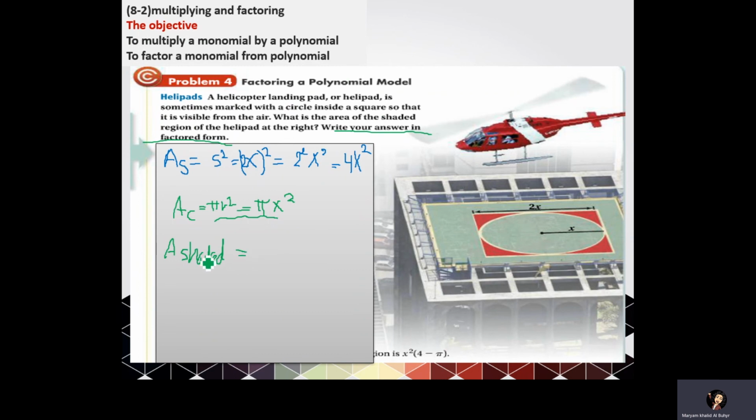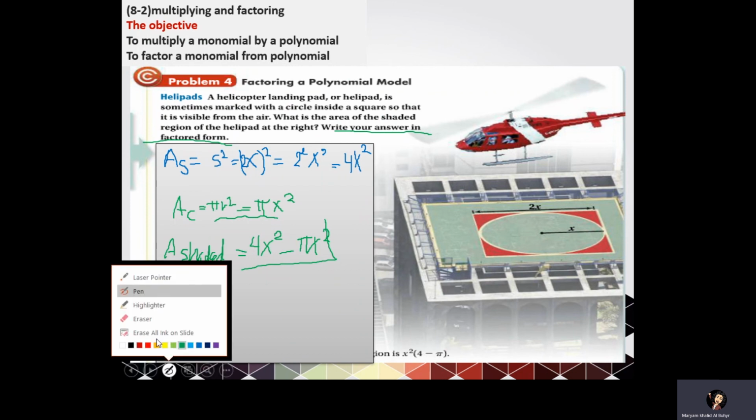It equals the big one, the square, 4x to the power 2, minus the area of the circle, pi x to the power 2. They don't want me to write it like that and be done. They also want the factored form. So what is the factorization for them?